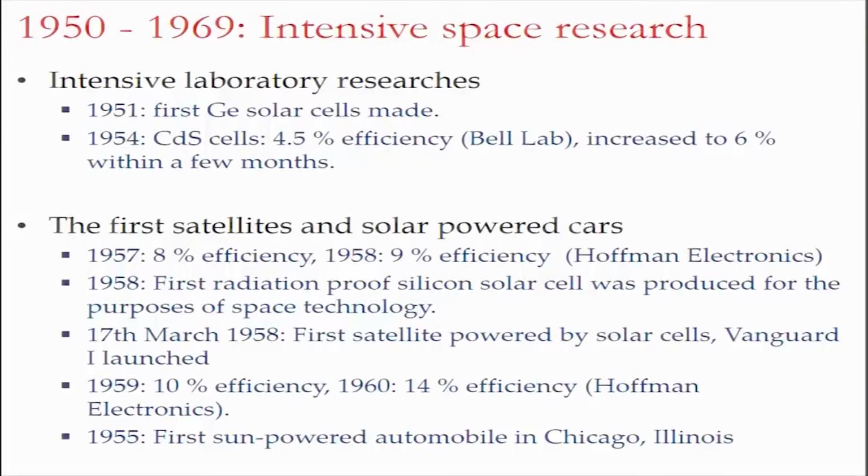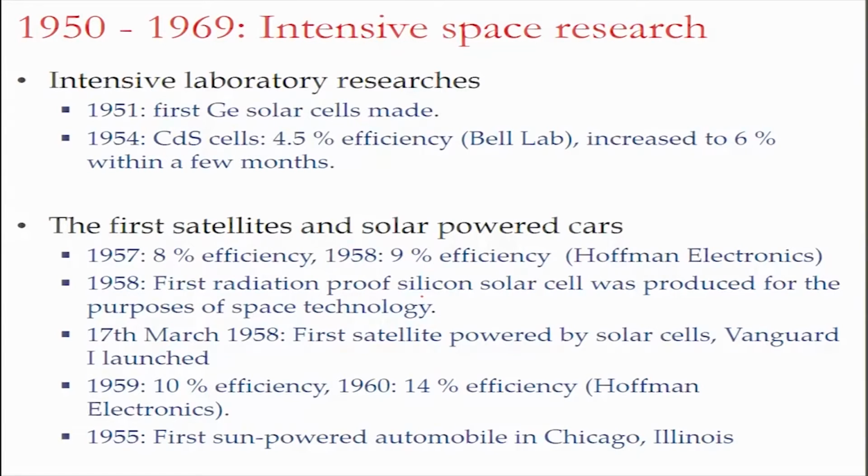In 1951 the first germanium solar cells were made, and in 1954 cadmium sulfide solar cells were made with 4.5% efficiency, which was increased to 6% in a few months. And then in the 1950s we had solar powered cars and satellites. 1958 was the time when the first radiation proof solar cell was made.